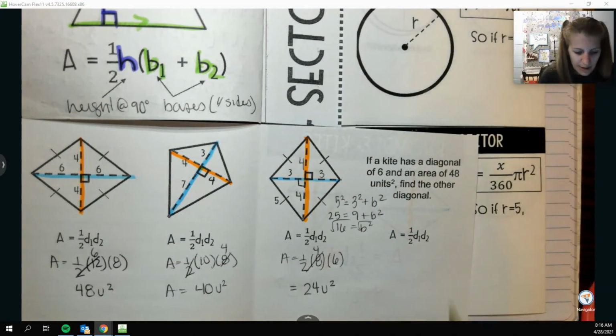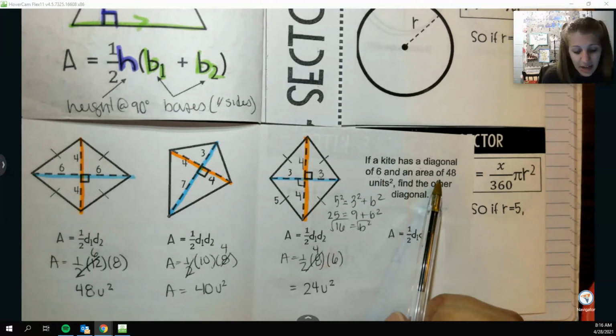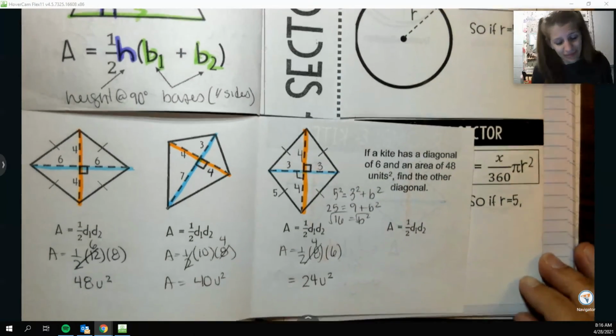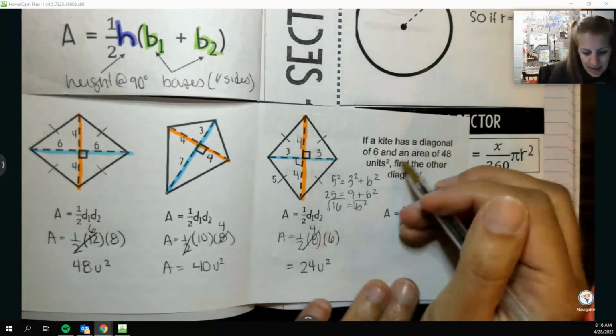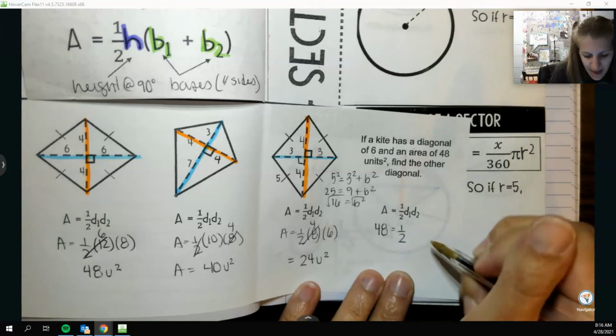Well. If a kite has a diagonal of 6 and an area of 48 units squared, find the other diagonal. So we're just plugging stuff in, trying to figure out what we don't know. And since they told me that the area was 48, we'll put that in for A. Then we have half.